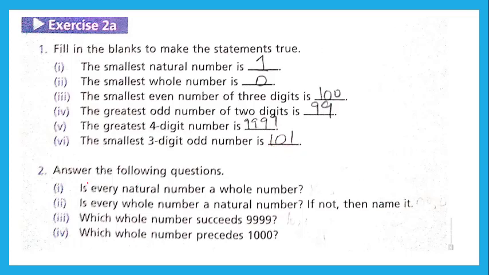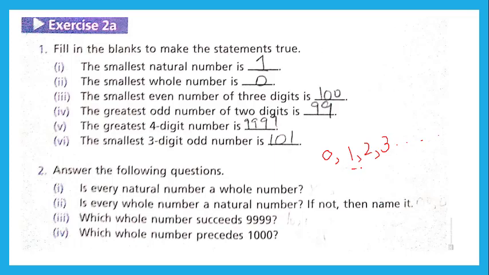Question number 2, answer the following questions. Number 1, is every natural number a whole number? Yes, every natural number is a whole number. Why? Because natural numbers start from 1, 2, 3 and so on, while whole numbers start from 0, 1, 2, 3 and so on.